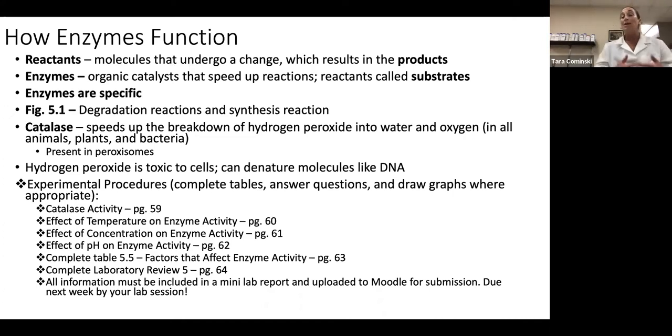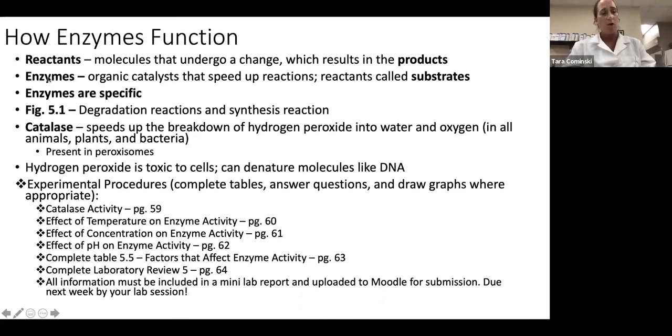Remember, when we talk about an enzymatic reaction, which is true for any biological reaction, we call those reactants substrates, okay? Remember that enzymes are specific, and we're going to look at the specific activity of an enzyme called catalase in our lab today.